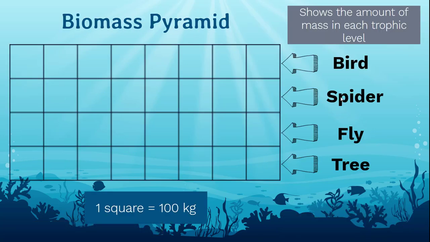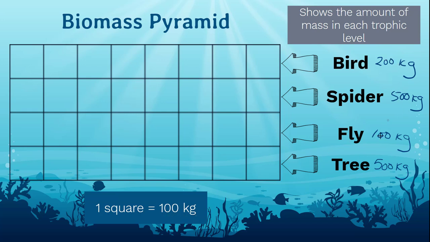So let's remember that we calculated that we had 500 kilograms for our tree. We had 100 kilograms for our fly, 500 kilograms for our spider, and 200 kilograms for our bird. Now, to do this, we're going to say that 1 square is going to be 100 kilograms.